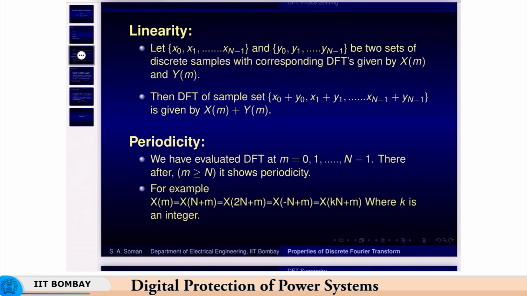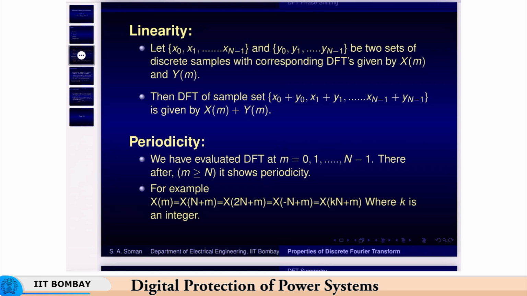So, there are 2 sets of samples. These are 2 sets of discrete, finite samples, x0 to xn minus 1 and y0 to yn minus 1, and the corresponding DFTs are X of m and Y of m. These are of course real numbers.